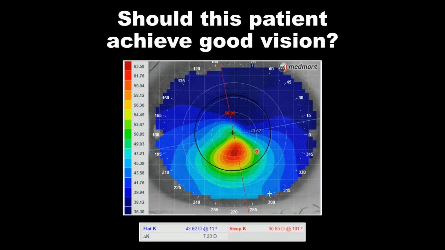But then we have this patient, and of course this one clearly is a patient that would be challenging to provide quality of vision. So when we think about contact lenses, are we now narrowing our choices down to really only rigid lens optics, where you look at the distribution of power within the pupil. Here at the peak of the cone, we're at 63.5 diopters, and within the pupil, we're at approximately 36 diopters.